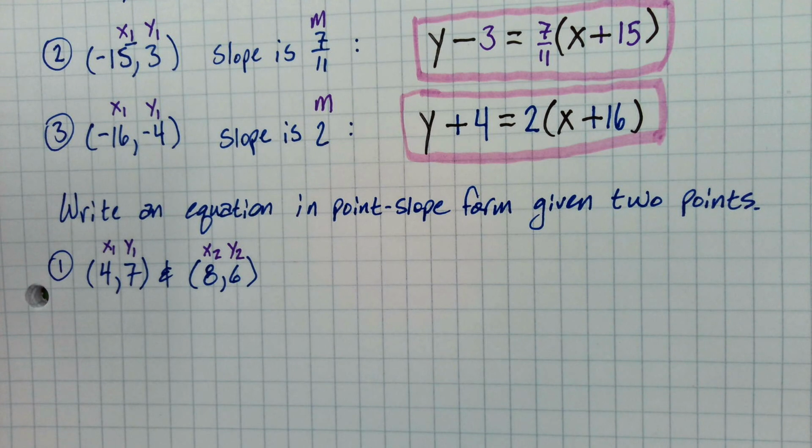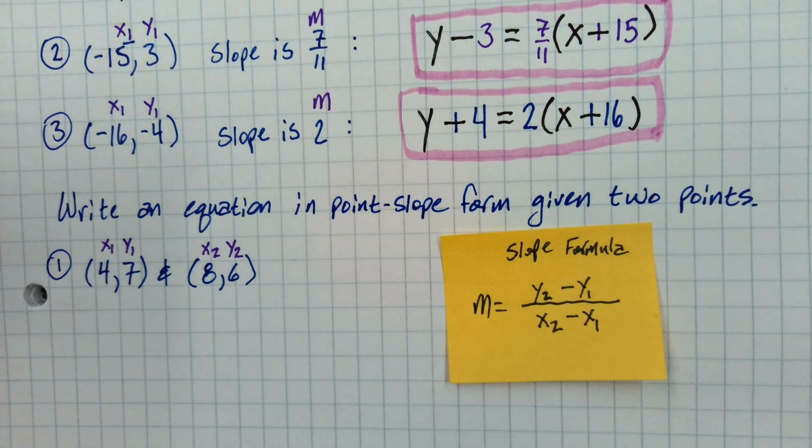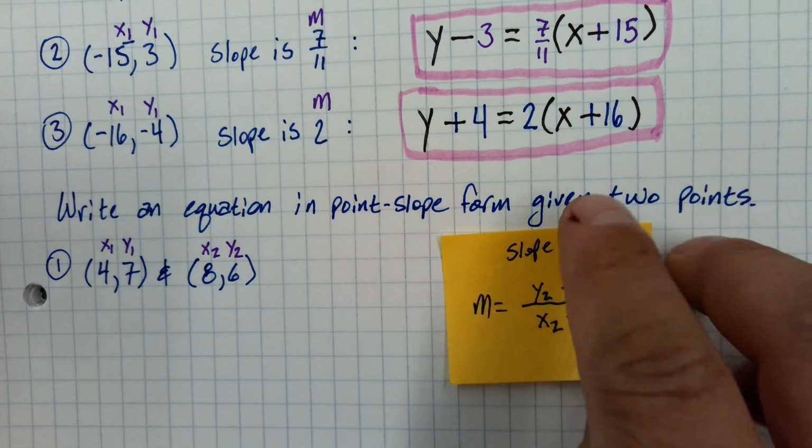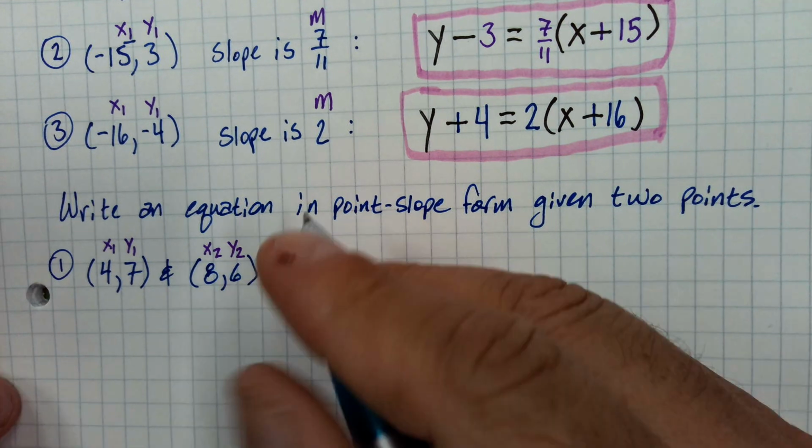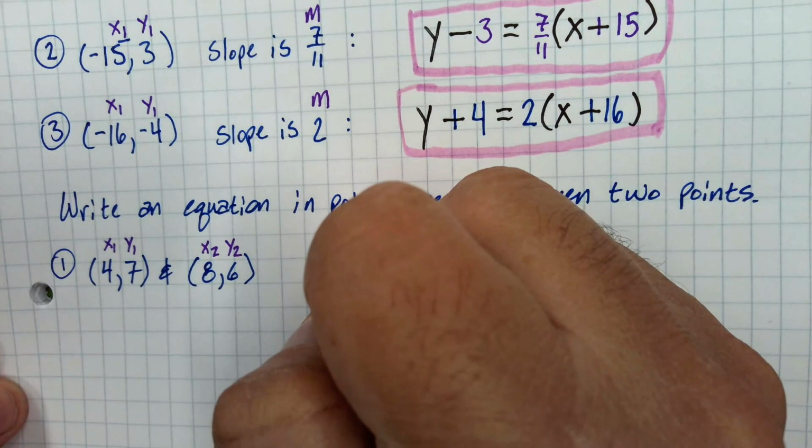We need a slope, right? Is there a way of getting a slope? Yeah. Remember that fraction formula? The slope formula? Kind of that rise over run formula. If you were thinking that, you're on the right track. Definitely we have to use the slope formula.